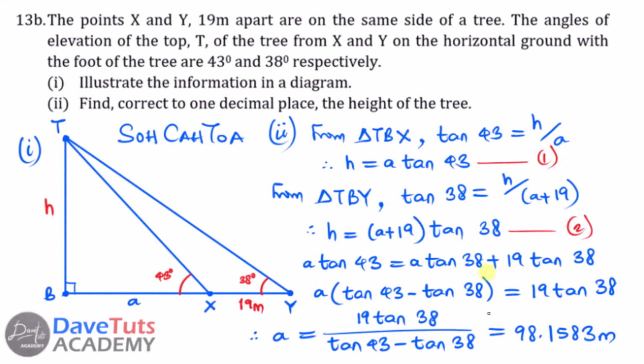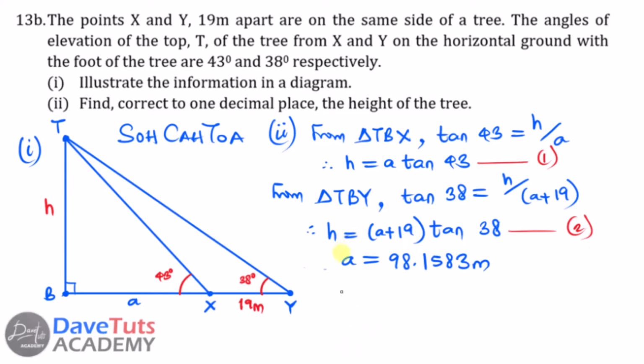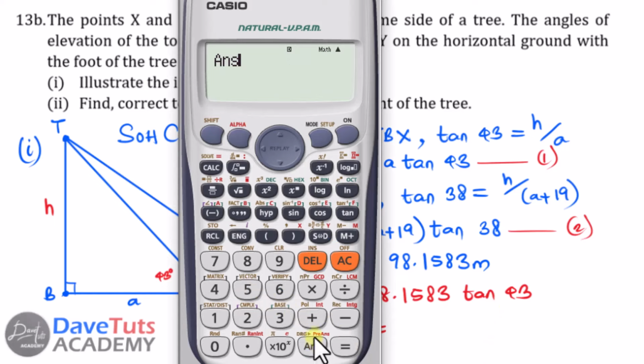Having gotten the value of a, I can now say h, from the first equation, a tan 43, will become 98.1583 tan 43. So the height of the tree, as we are asked to obtain, will be the answer we just got times tan 43.